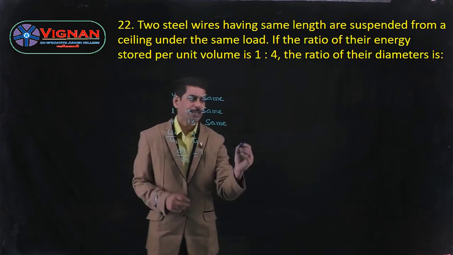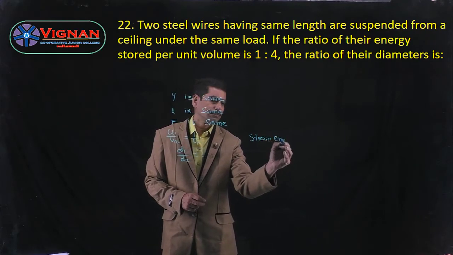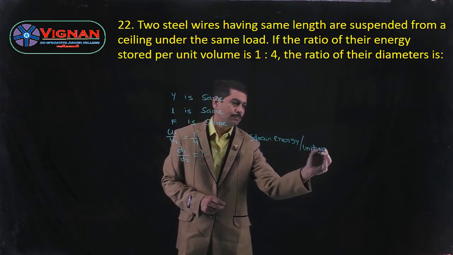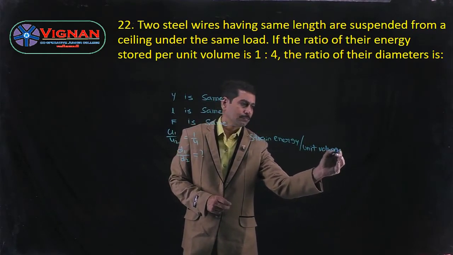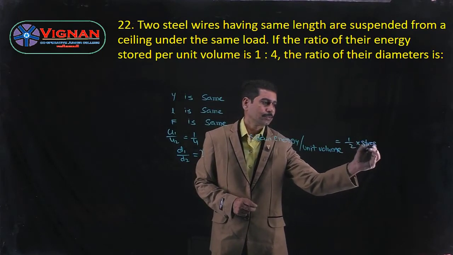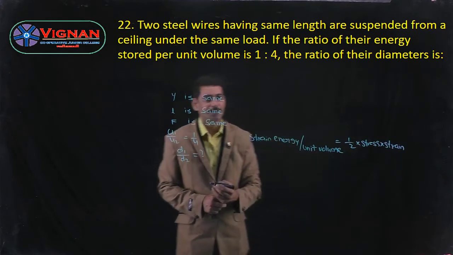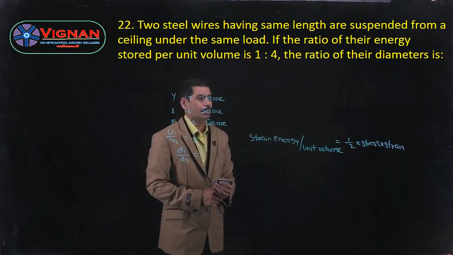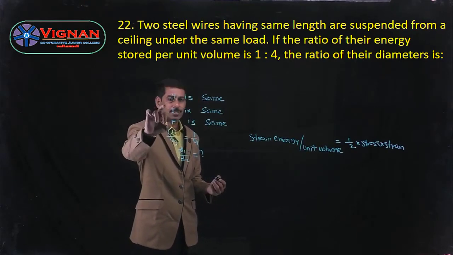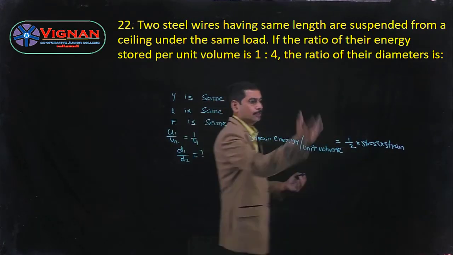We know the strain energy per unit volume is given by half into stress into strain. This is the formula for strain energy per unit volume. Here F is the same, Young's modulus is the same, and length is the same, so let us convert strain into terms of stress.